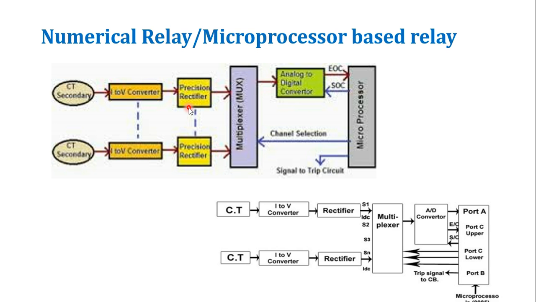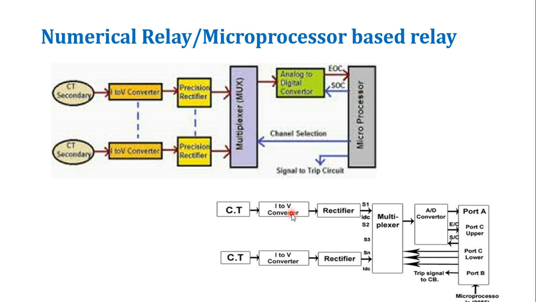Now we can see the numerical relay or microprocessor based relay. This is the block diagram of a numerical or microprocessor based relay. There will be current transformers for measuring the current. Then, microprocessors are mainly operated by voltage values, not current values.